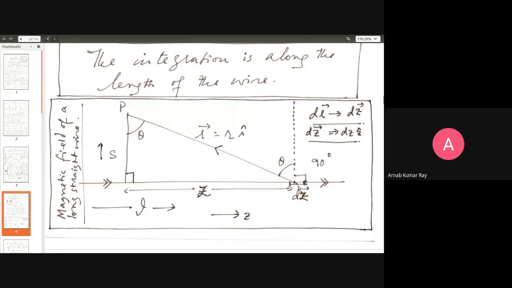But this dz can move up and down. It's just like a small slider on a long wire that you are riding. So this can go to the right, this can go to the left, whatever it is. If it goes to the right or left, then accordingly the value of z will change. If z changes, r will also change. And if r changes, then theta will also change.